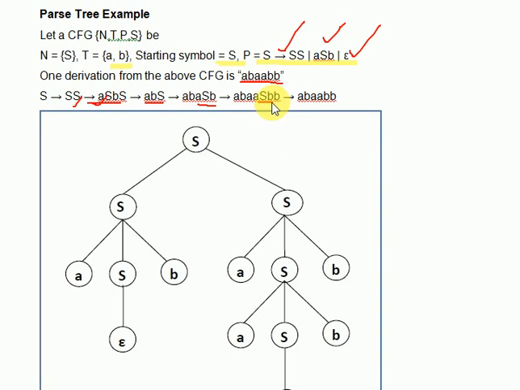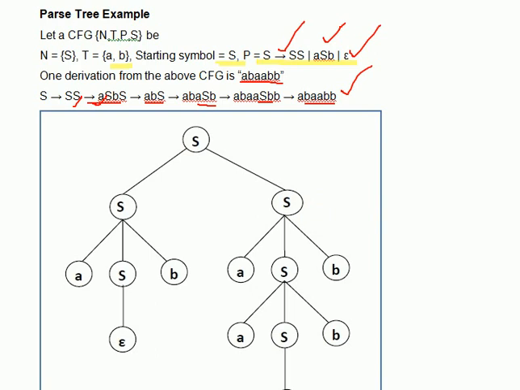Two times it is replaced by ASB. And in the last step, when S is replaced by epsilon, it is ignored. Last time I told you, when we come to the final substring, we ignore the nulls. So in the last step, you can see that null is ignored.